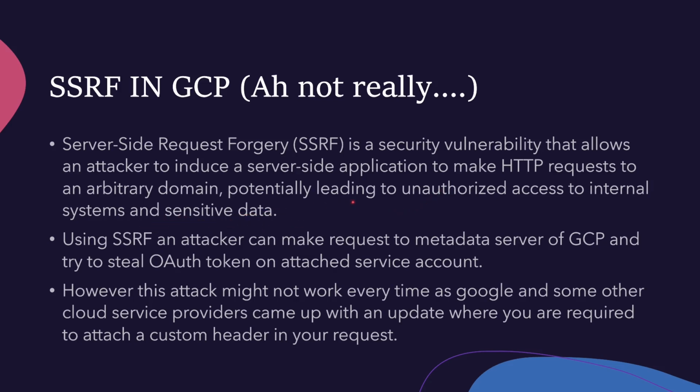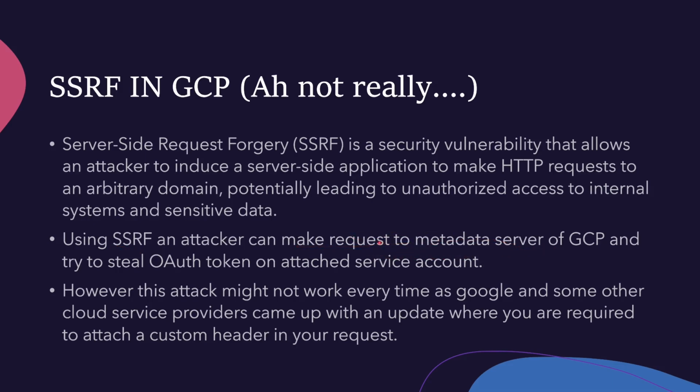If you go and read bug bounty write-ups from 2019, or even recent ones for different CSPs, you will see attackers were able to find SSRF, and then using SSRF they used to make requests to the metadata server.